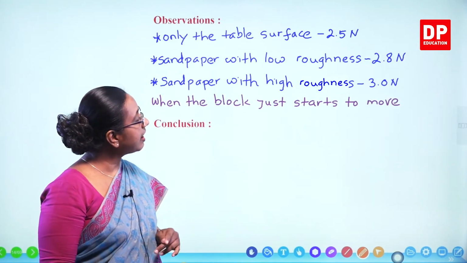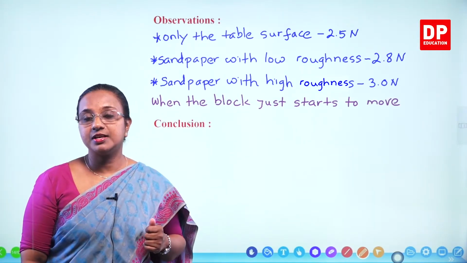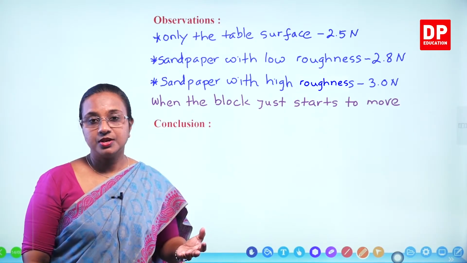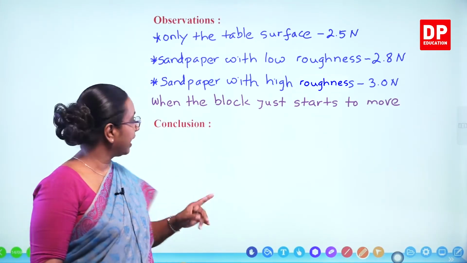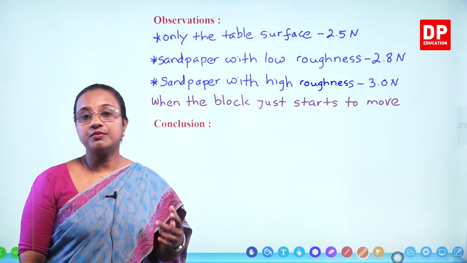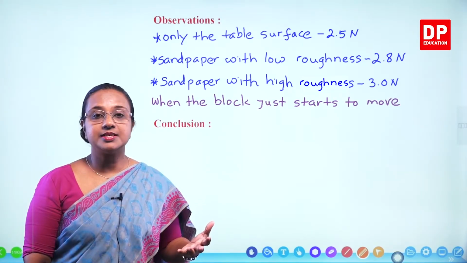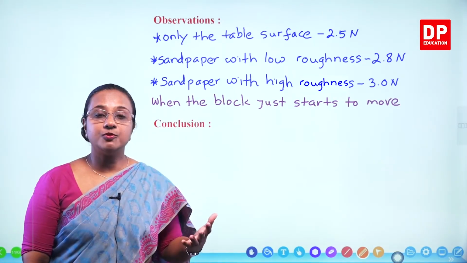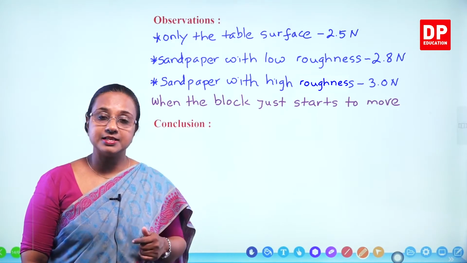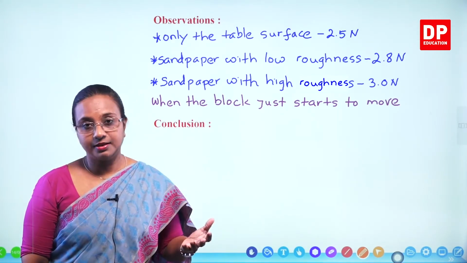And a rough surface or high roughness, the limiting friction is 3 Newtons. So from that we can conclude by saying when the roughness of the surface increases, the frictional force or the limiting frictional force exerted by the surface will increase.